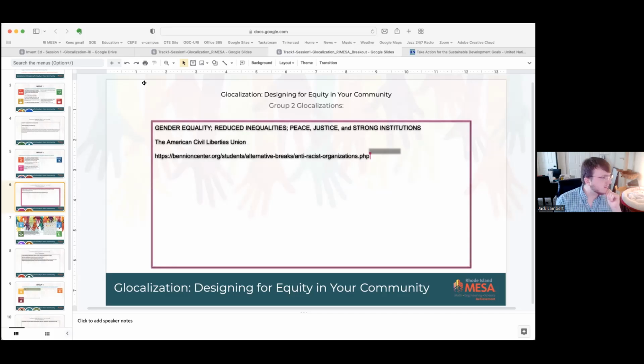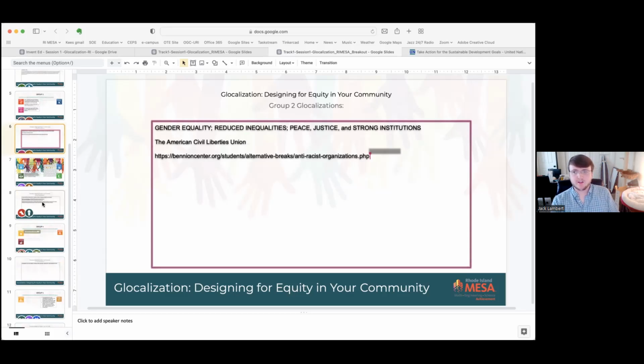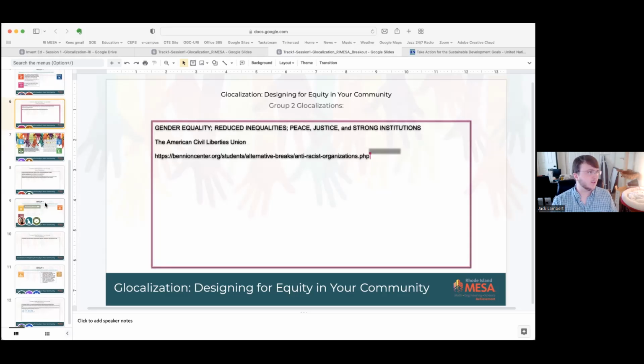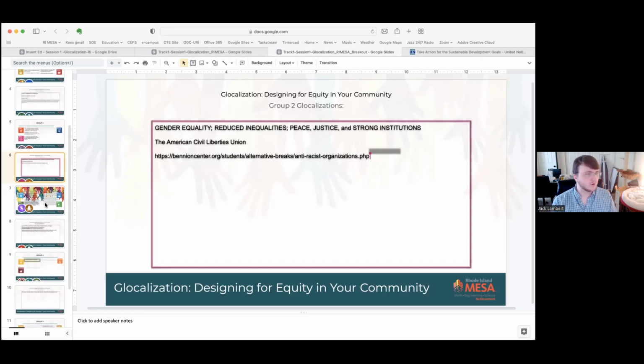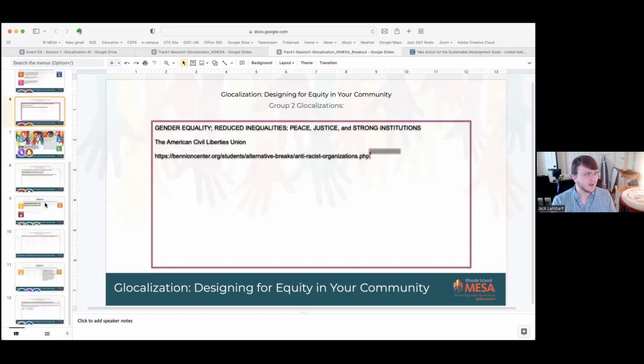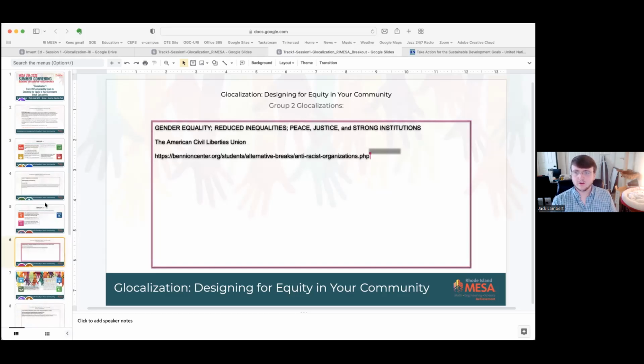Let me see if I can find something, and I'll retroactively add it to the slide if I find it. Yes, and certainly an open invitation to everybody to keep adding to this. It certainly is of interest to me. I'll see if I can find something, but I wasn't getting much for Utah. Colorado might have a bit better luck, or New Mexico, but I'll see what I can do.